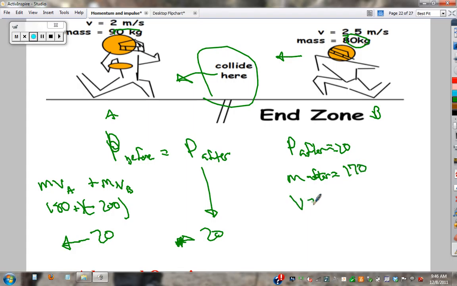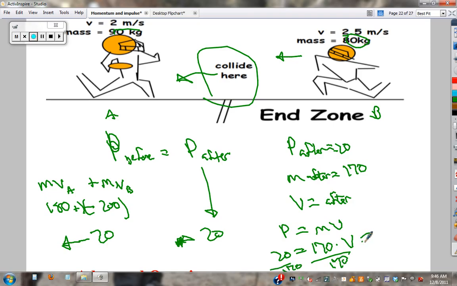So now I can answer the question, what's my velocity after? Well, I've got p equals mv, 20 equals 170 times velocity, divided by 170. Velocity equals 0.11-ish meters per second.